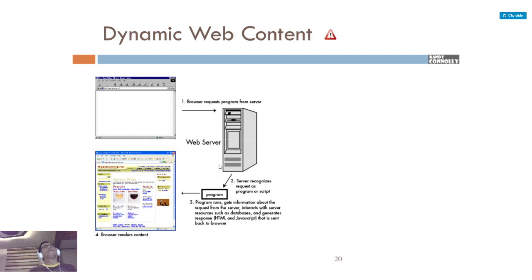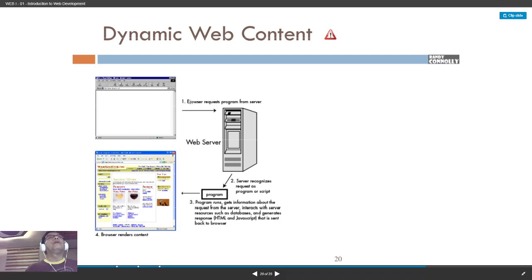For dynamic web content, the browser likewise requests a program from the server, but the server now recognizes the request as a program or script. So the program will now run, gets information about the request from the server, maybe interacts with server resources such as databases, and generates a response, HTML or JavaScript, that is sent back to the browser.